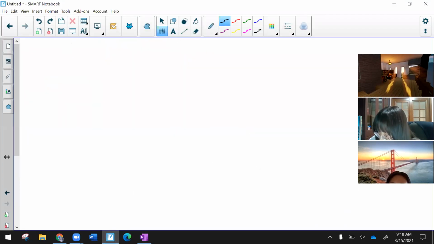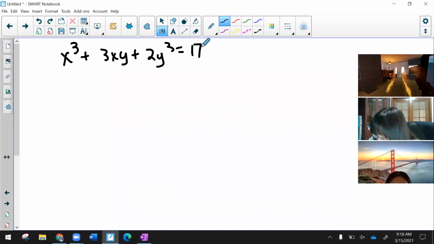So number 2 says we've got x cubed plus 3xy plus 2y cubed is equal to 17. And you want to find dy dx, right? Which means you got to take the derivative of everything. What's the derivative of x cubed? 3x squared. What's the derivative of 17? What's the derivative of 2y cubed?